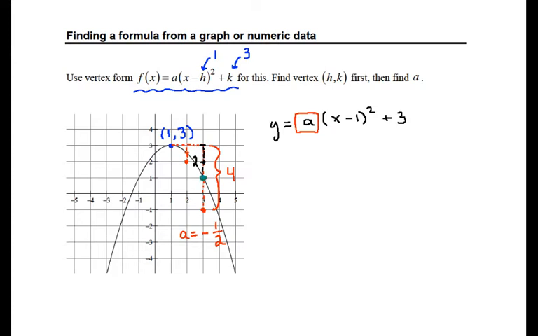I'm going to take this same point that I just used. This is at (3, 1), and I'm going to plug that in. That's x equals 3, y equals 1. It's a little confusing that the vertex is (1, 3) and this point happens to be (3, 1), but we'll work with that. So I'm going to take this point (3, 1) and plug it in for x and y, and then solve for a.